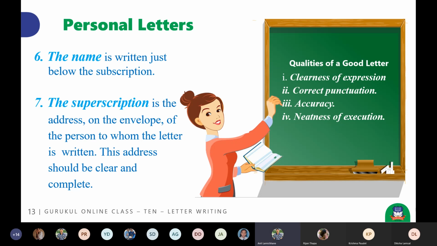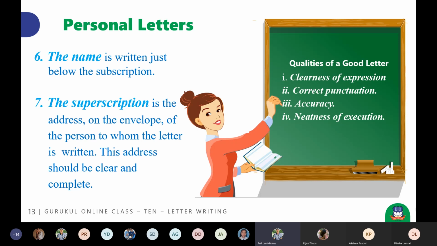So these are the seven parts of a letter. If you write all these seven parts accurately, the format of your letter will be appropriate. Once again, in the beginning you write the address, then the date. Later I'll show you some formats also.